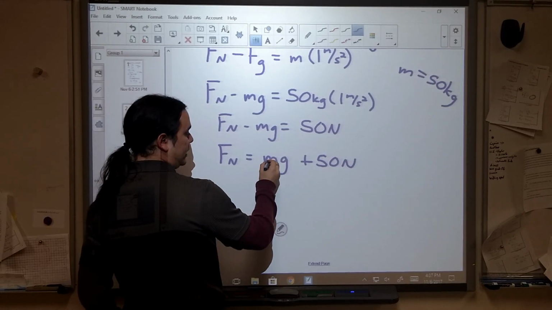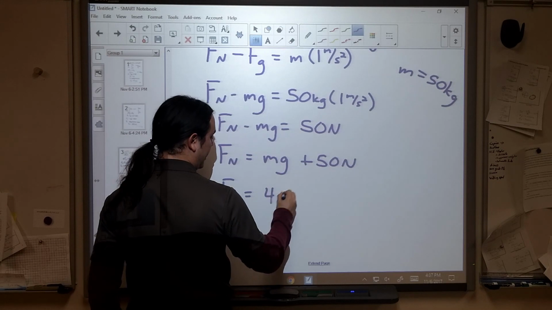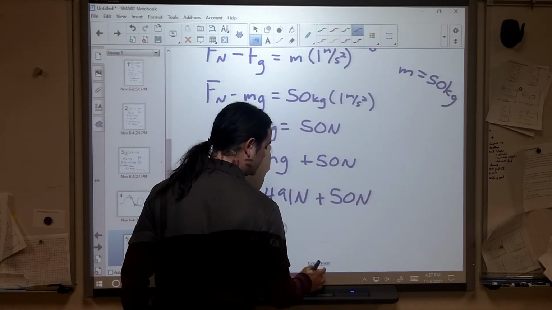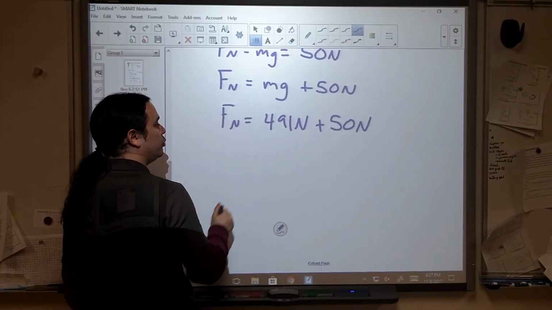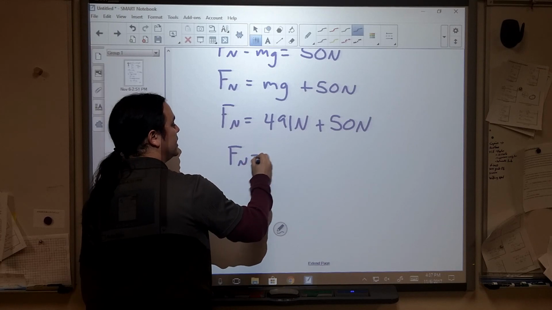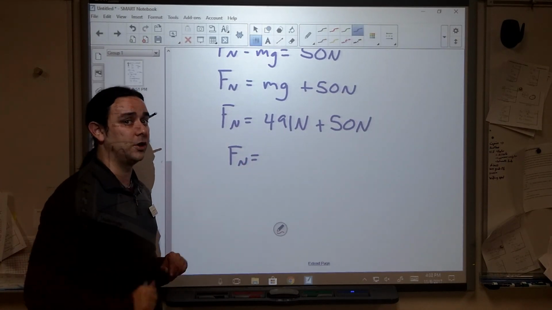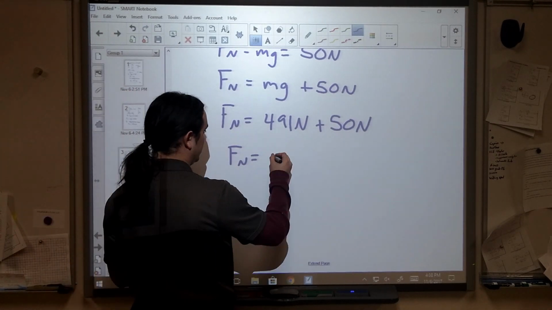Now, our mass is 50 kilograms and g is 9.81. We've actually solved that number before. That came up to 491 newtons plus 50 newtons. In this case, the force of gravity is still the same on me, but the scale reads something different because it is pushing on me harder than the force of gravity, because it's the thing that is pushing me upward to accelerate me with the elevator, which is a good thing.